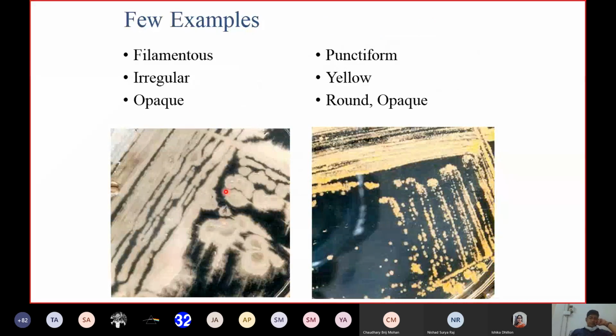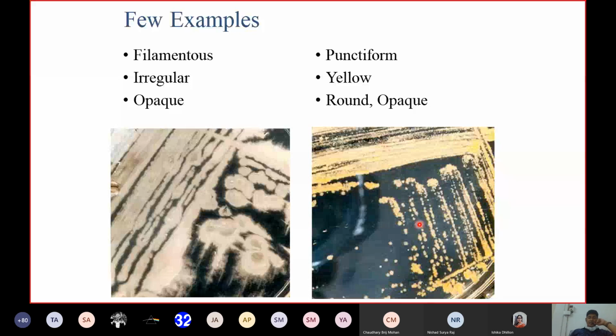Now see here, the edge of this colony is filamentous. They are going out in multiple rhizoids, in the form of rhizoids. So they are filamentous, margins are irregular, and no light is transferring, that's why it is opaque. Here you can see the colonies are very tiny.